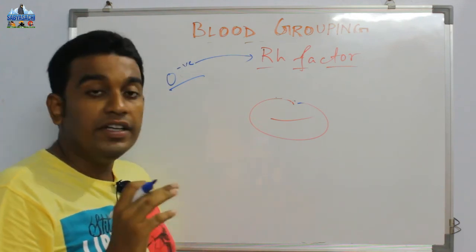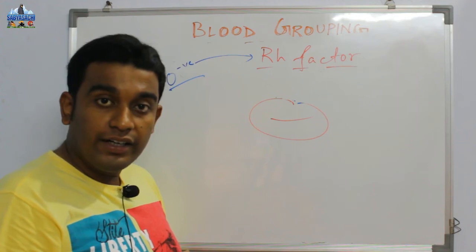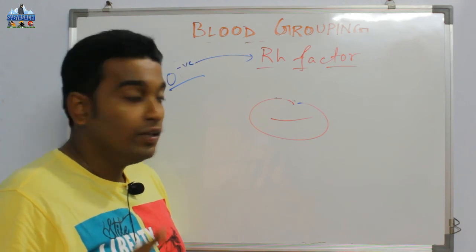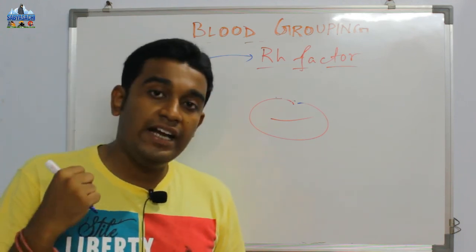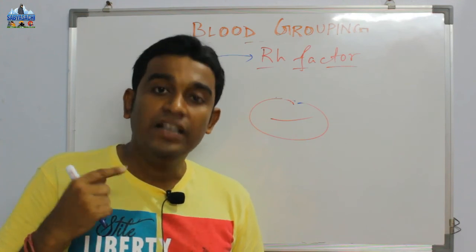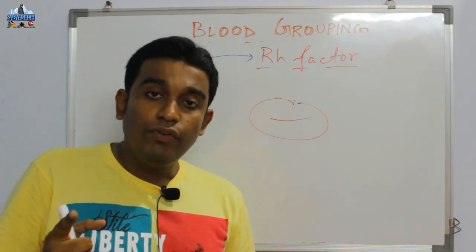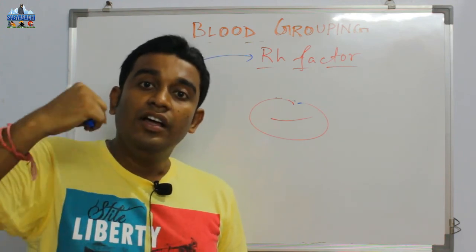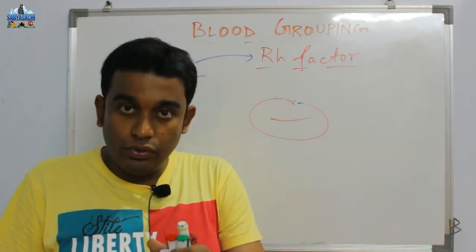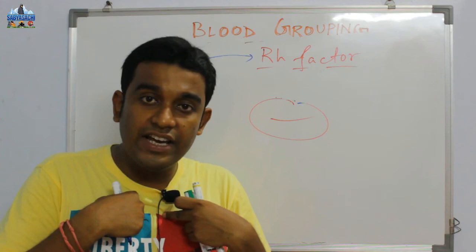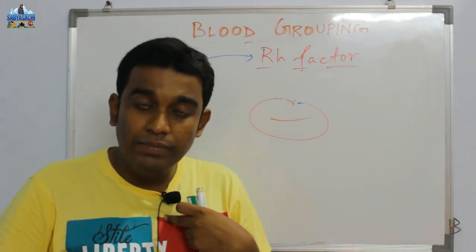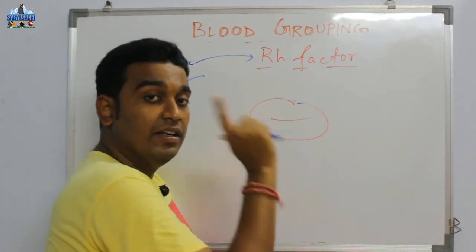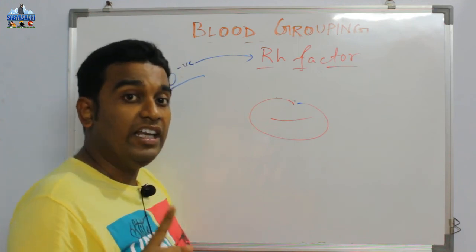So that's about the rhesus factor or Rh factor, which is actually denoted by the antigen D. So as of now we talked about three types of antigen: antigen A, antigen B and antigen D. We have seen that for antigen A and B, the plasma of the blood contains its complementary antibody. So if it is A antigen, anti-A antibody will be present. But for the Rh factor, for D antigen, blood does not contain any antibody from the beginning.